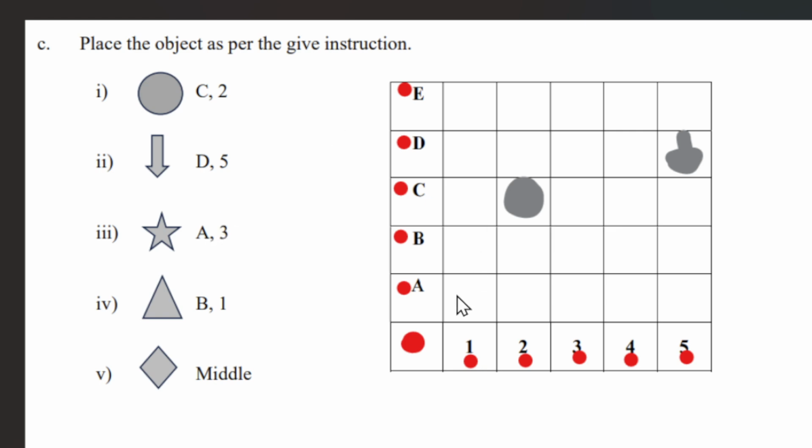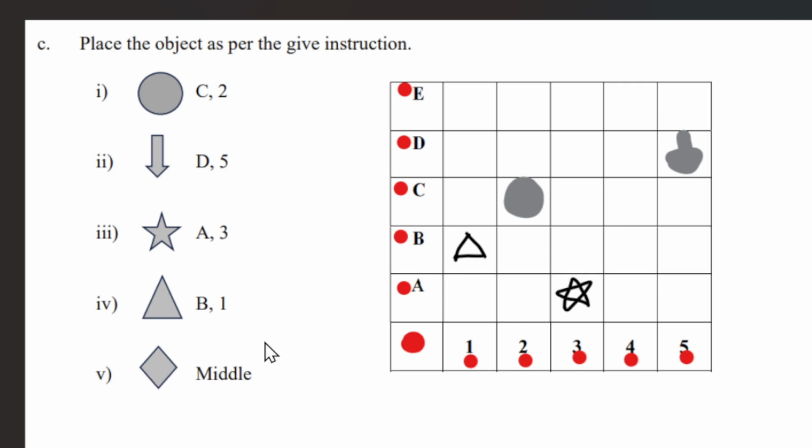So where is A? We have A here and 3 is here. So draw a star. Okay, in A3. Next in B1 we have to draw a triangle. So where is B? So in B1 you have to draw a triangle.